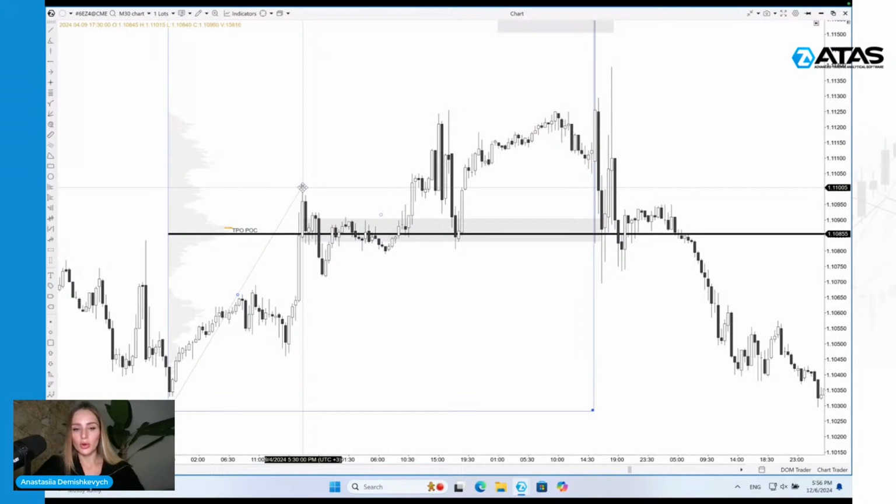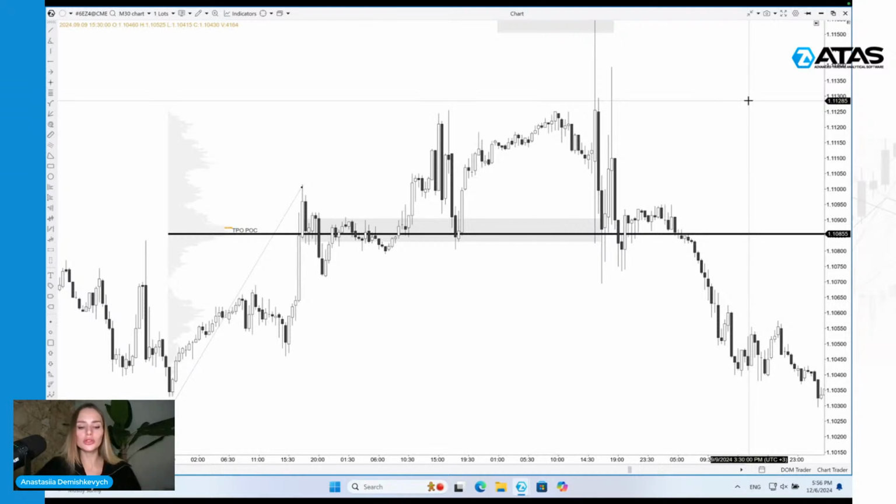Once I see the high volume node, I'm waiting for the price to break outside of it, because high volume nodes usually signal accumulation of volume, and I do not want to enter the trade when the price is still accumulating. I want to wait until the price is outside of the high volume node. In other words, I wait for this move.